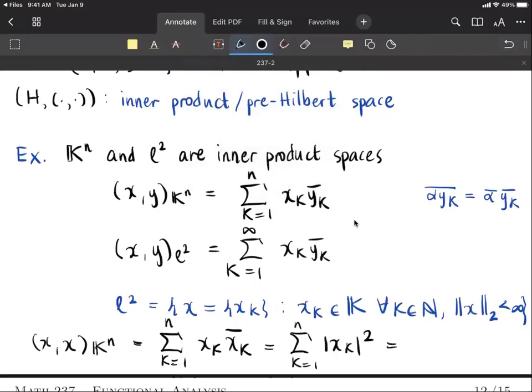And this is the Euclidean norm squared. So in this example, if we have an inner product, then we could generate the Euclidean norm.